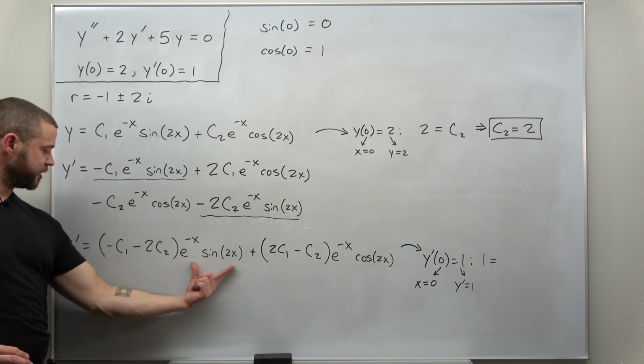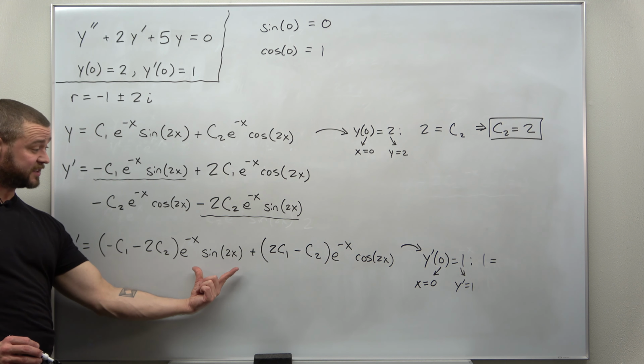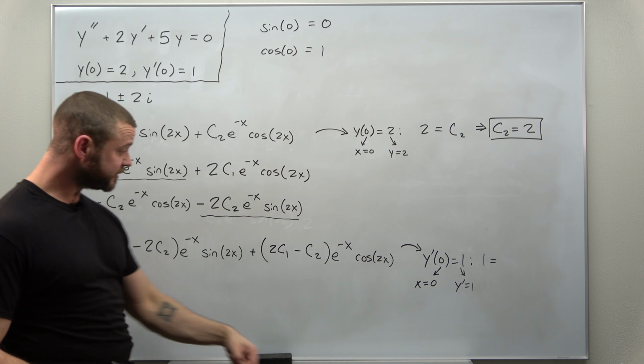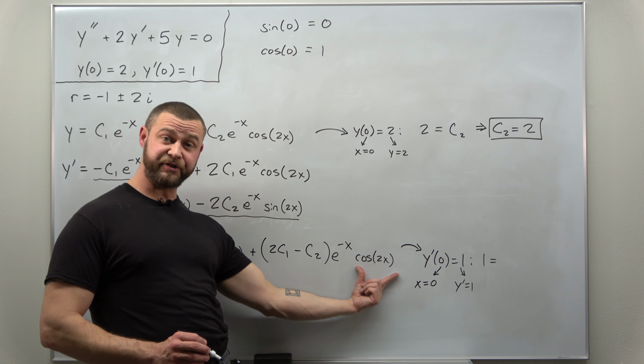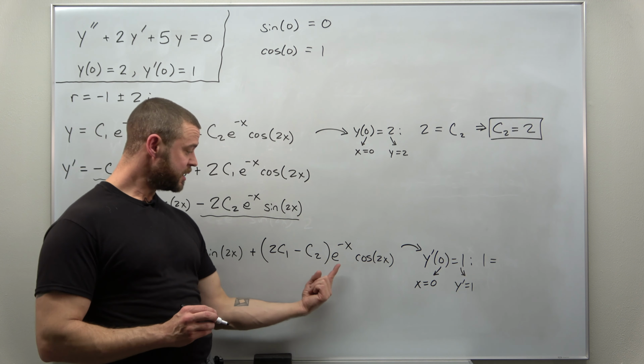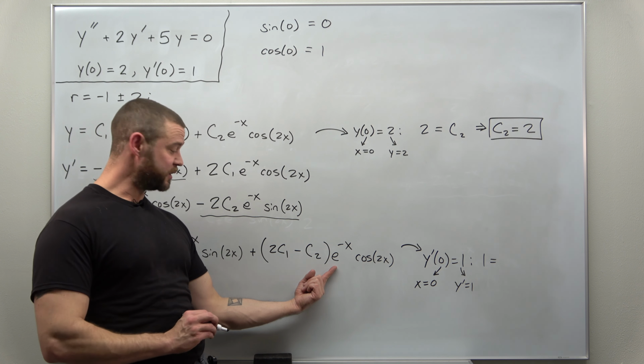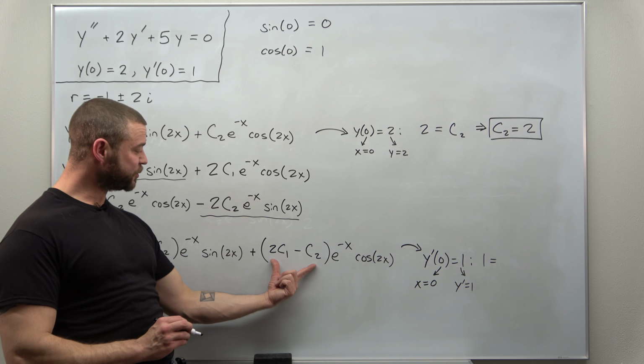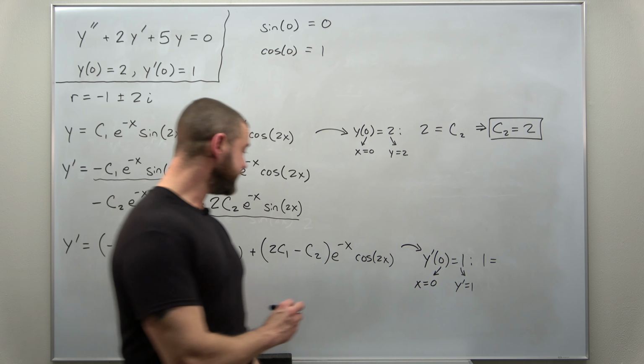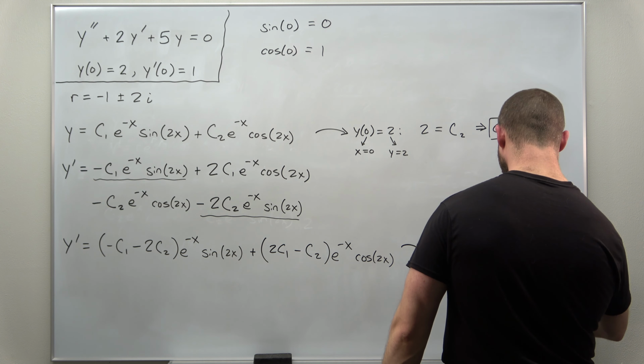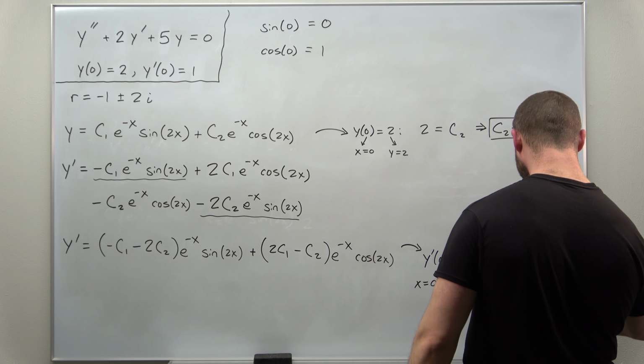We know the sine term here, that's just going to evaluate to 0. And what's left is your cosine of 0 term, which is 1. And again, e to the 0 is 1. So we're just going to be left with, on the right side, 2c1 minus c2.